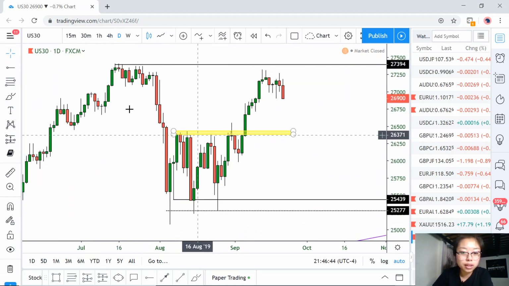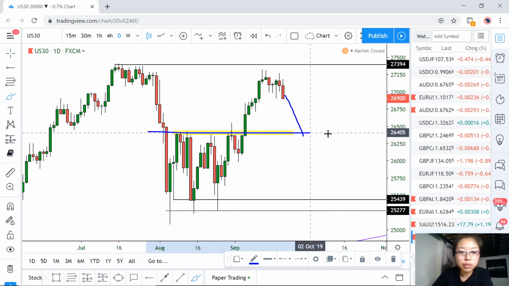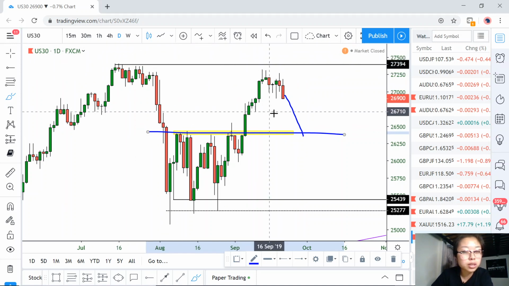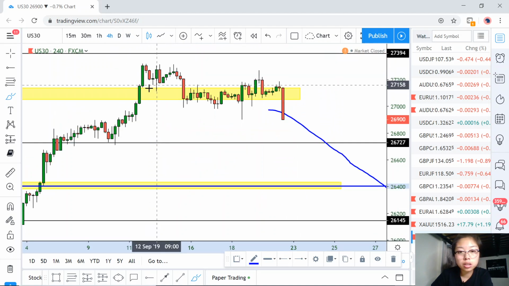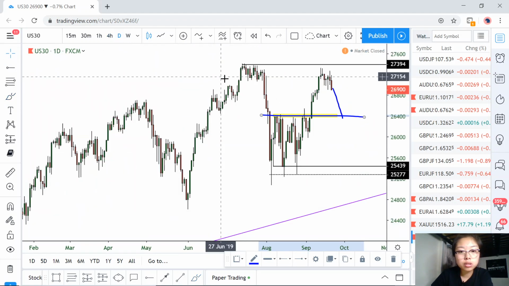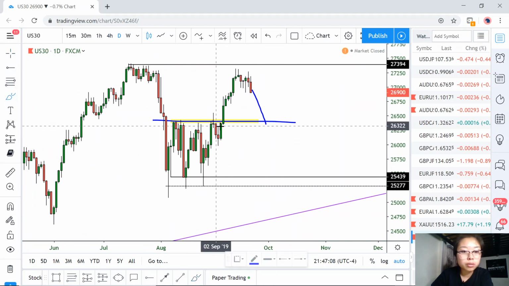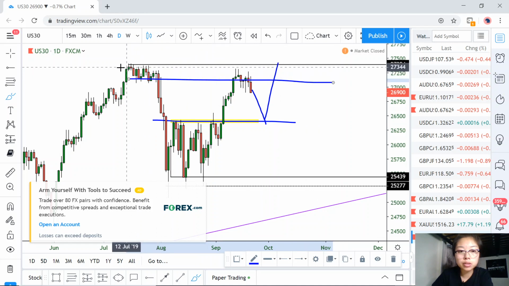So in this case, on the daily, we retest this area, and at this area you've got to see where the sentiment shifts. If sentiment shifts for longs, back up to our all-time high areas, the resistance right over here.